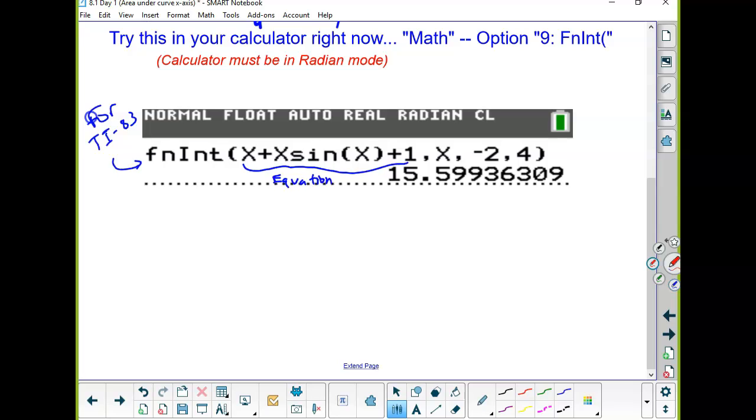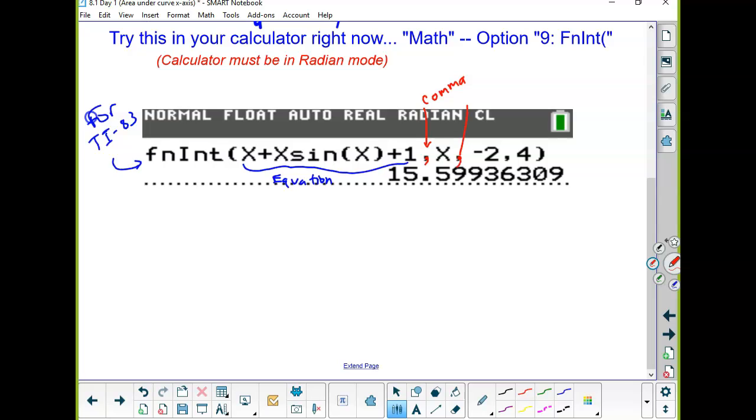and then you have to do the comma, which I believe is just above the 7 button. So there's a comma. And then you will always type in x. This is like our dx. So this will always be x.